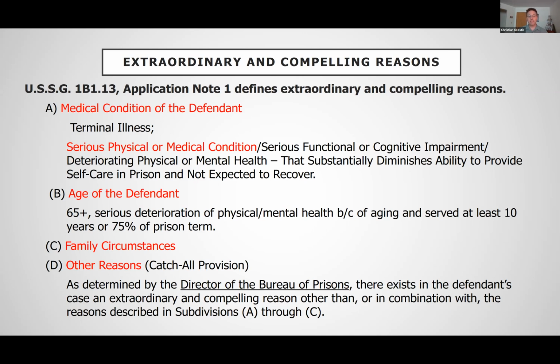Now that defendants can file on their own, the policy statement hasn't been updated. I think everybody's aware there is no quorum on the Sentencing Commission, so they can't amend the guidelines right now. They can't adopt a new policy statement. So this still says, as determined by the director of the Bureau of Prisons. The guideline actually still says that the motion has to be filed by the BOP. That's obviously not true either.